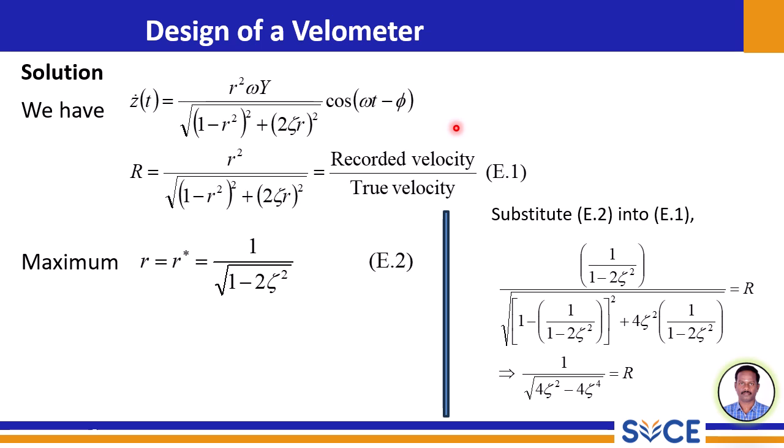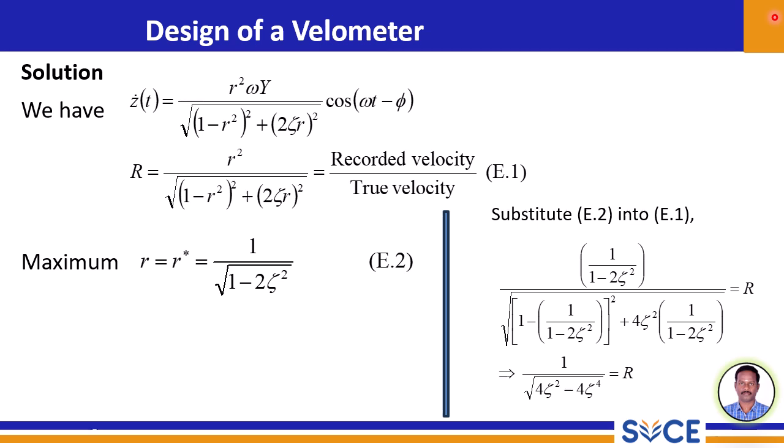The relationship between the relative displacement Z and base velocity is given here. We want the output, which is related to Z, to be proportional to the input velocity. So by substituting this R value into equation 1, we are getting an accurate velocity measurement, and our problem states that the maximum error should be limited to 1% of the true velocity.